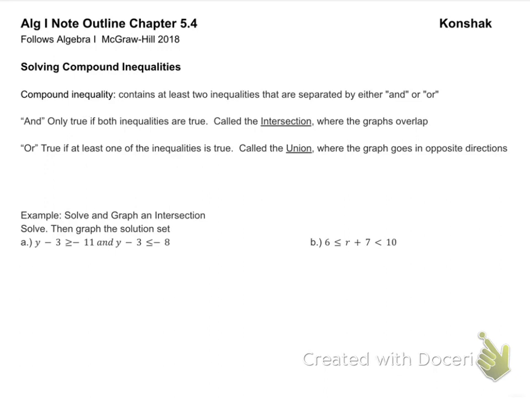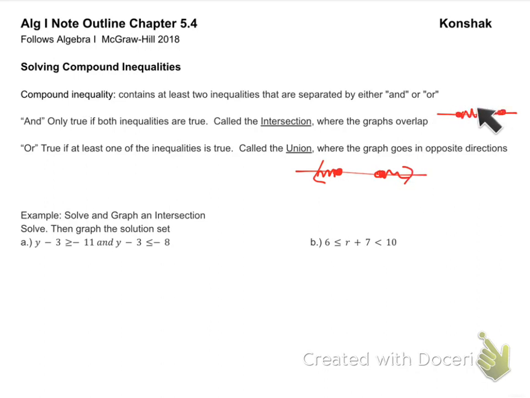So when we're talking about ands, the first one, the intersections, you generally have graphs that have two endpoints and you shade towards the middle. Ors, you still have two endpoints, but you generally will shade in opposite directions. Because I can be in this group, or I can be in this group.